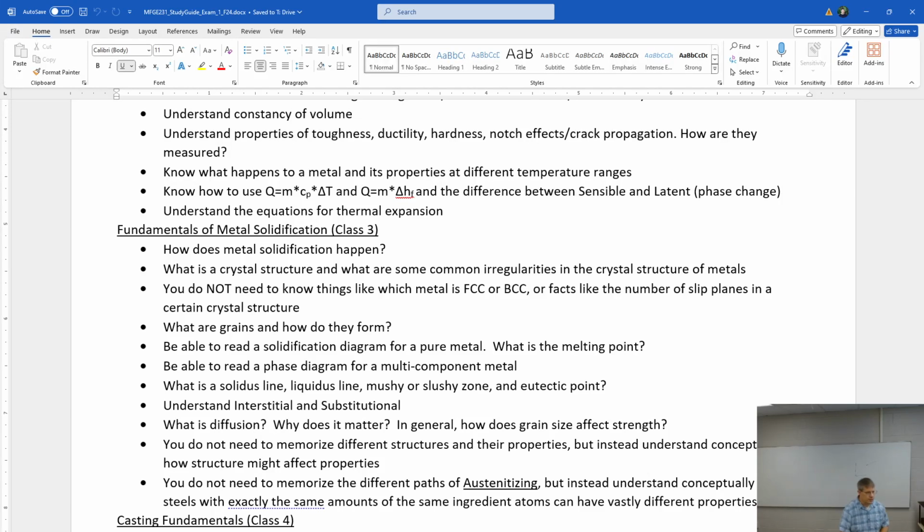Definition, usefulness, yes? Like notch effects, is that like a part where a notch is carved into it, like what damaging effects that has? So that's exactly it. Notch effects and crack propagation are the same concept, and that is that if you have something in your part that is like a notch or a crack in there, the longer it is or the smaller the radius it is, the more likely it is to propagate through the material.